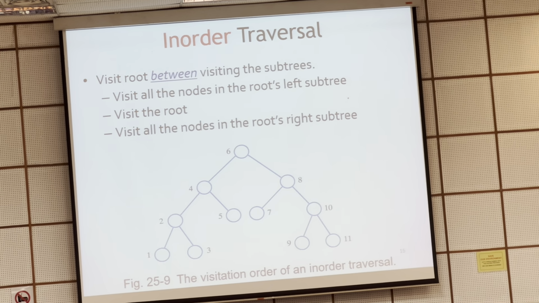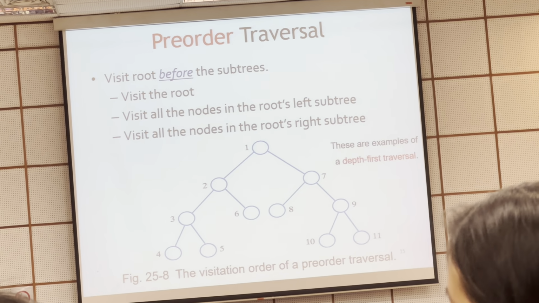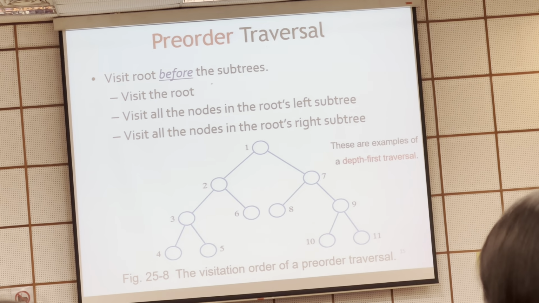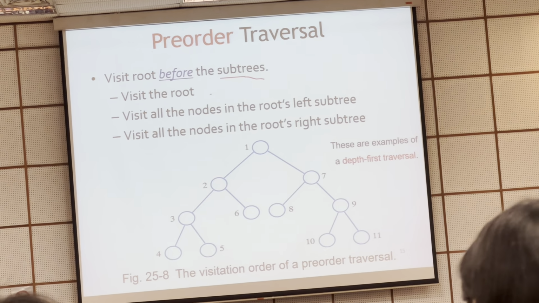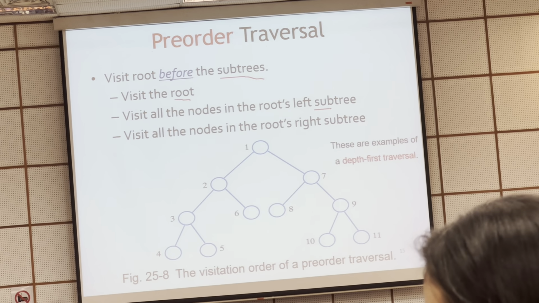We visit, and when we say visit, it means you process, the root before processing the subtrees. So you visit the root, visit all the nodes in the root's left subtree, and then only the right subtree. Do you understand this?